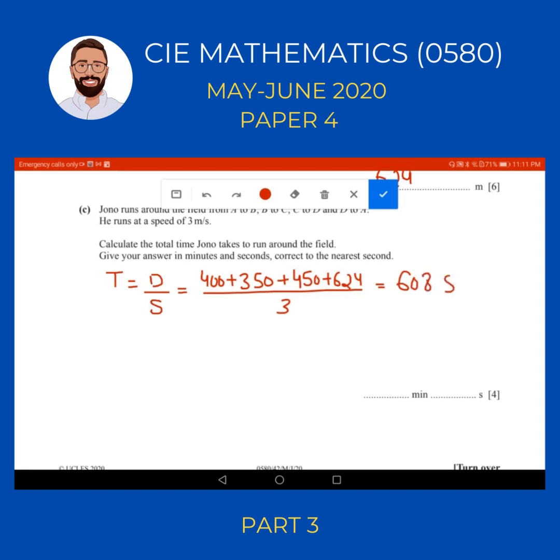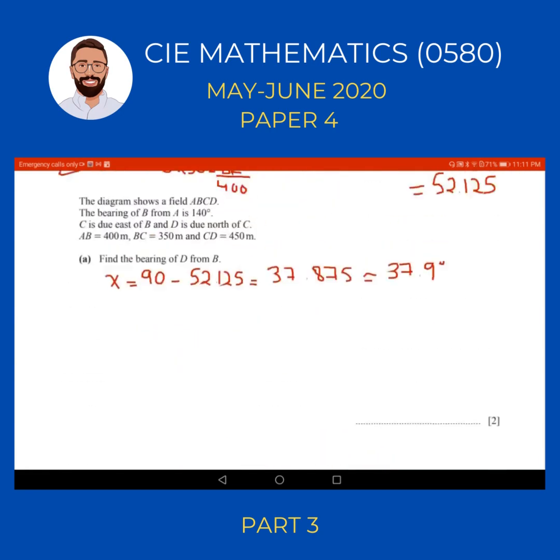And 608 seconds is equivalent to 10 minutes and 8 seconds. So that's the final answer. It takes Jono 10 minutes and 8 seconds to run around the field A, B, C, D, and back to A.